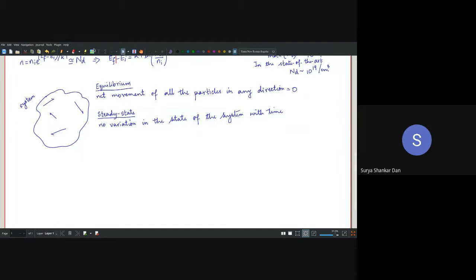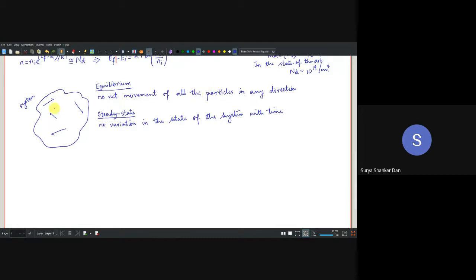Let us understand the difference; this is important to understand carefully. If we are in equilibrium, that means there is no net movement of the particles in any direction.